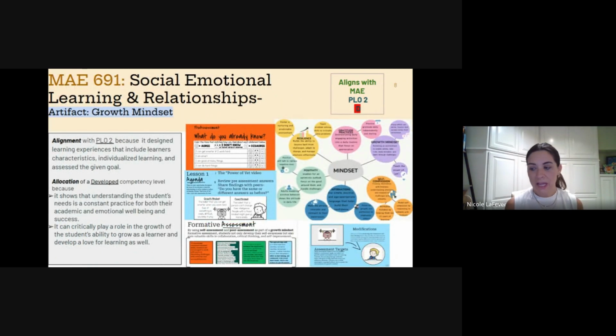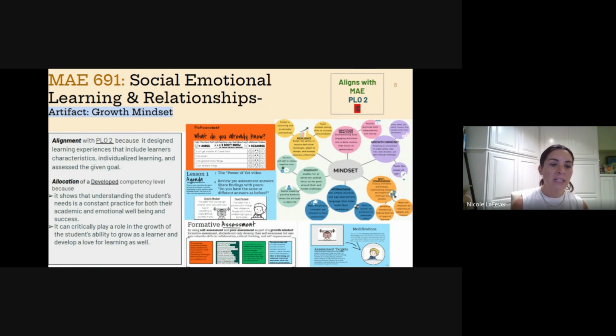Then moving on to PLO2, design learning experiences that include learner characteristics, principles, and customized learning and assessment as learning. This is from MAE 691, the social emotional learning and relationships. I created a lesson that had an SEL component of growth mindset.